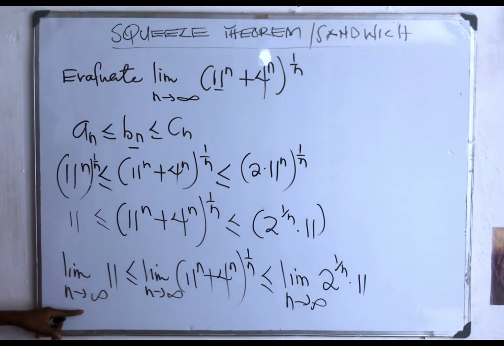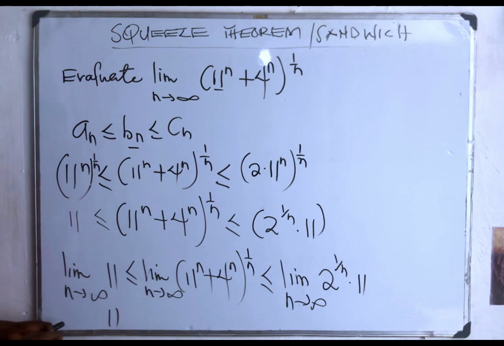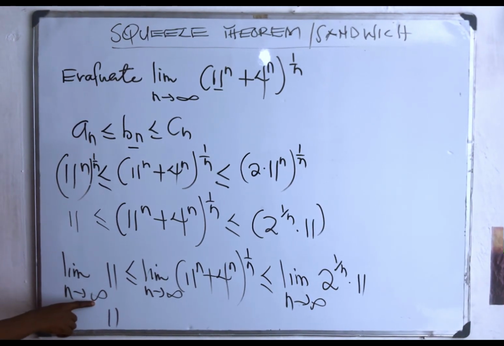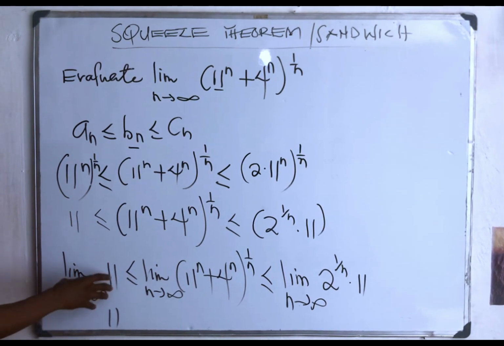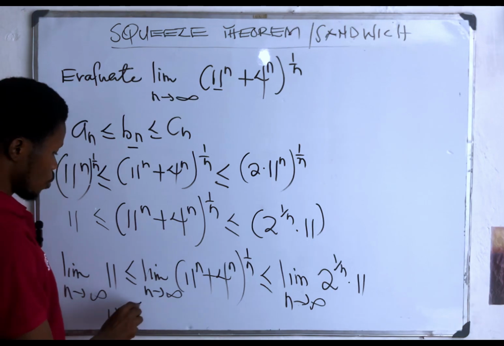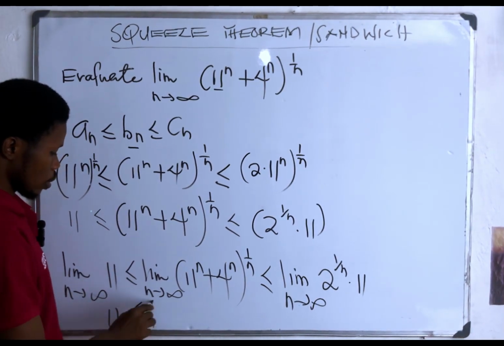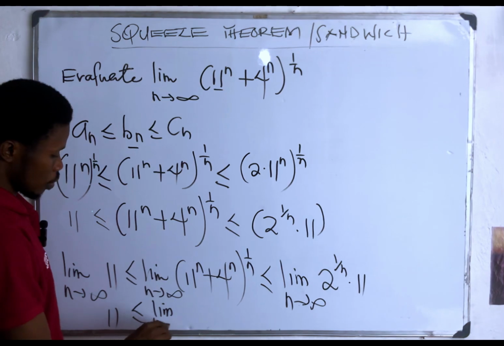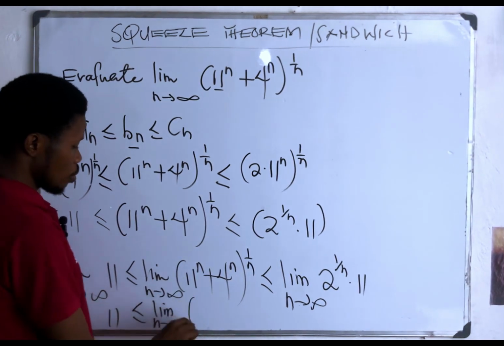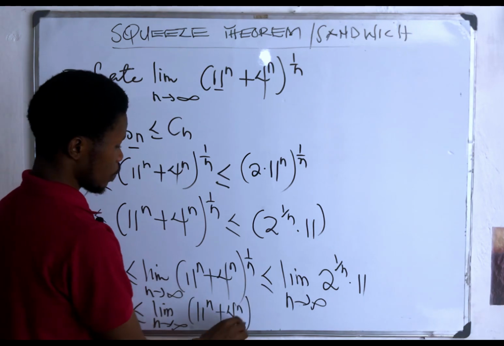In this case, this side will give us 11, because the limit of a constant is the same number. Now this is what we are looking for, so you maintain it. Once you are able to get the other side to be 11 too, then the goal is achieved.